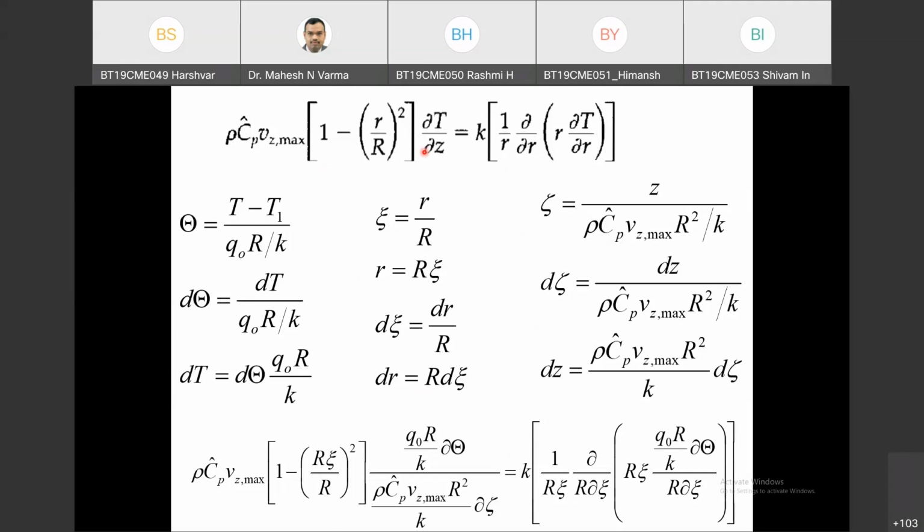We want to simplify it so that mathematical handling will be easier. That is why the whole equation is converted into dimensionless form, using the nature of the equation and the boundary conditions.